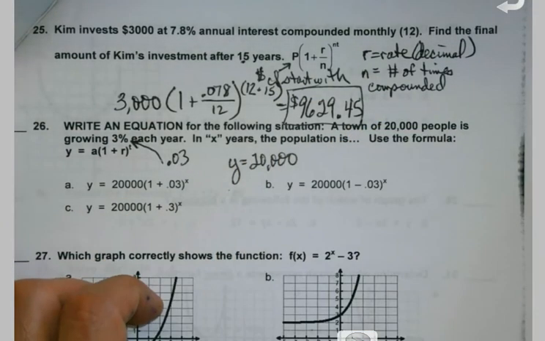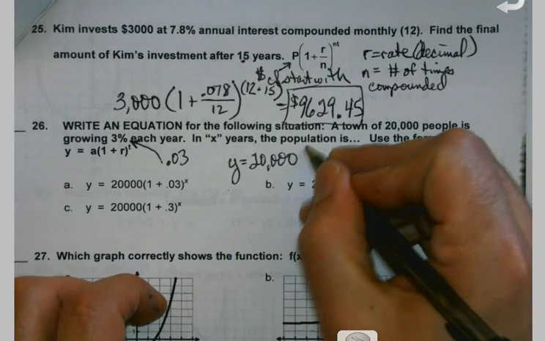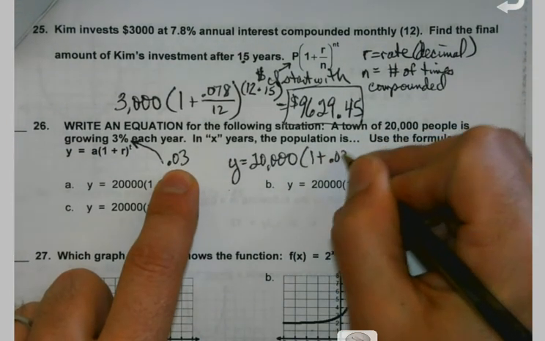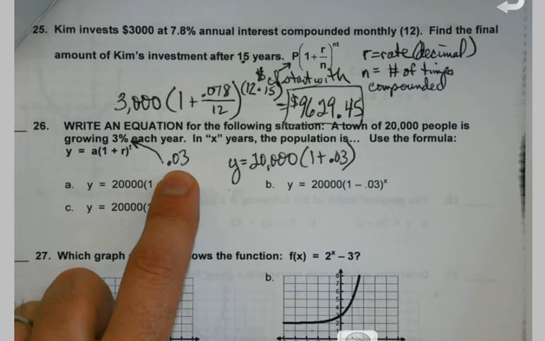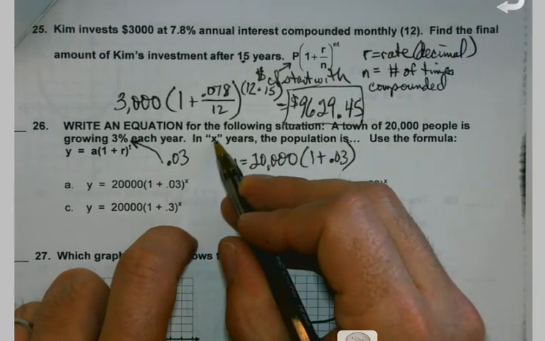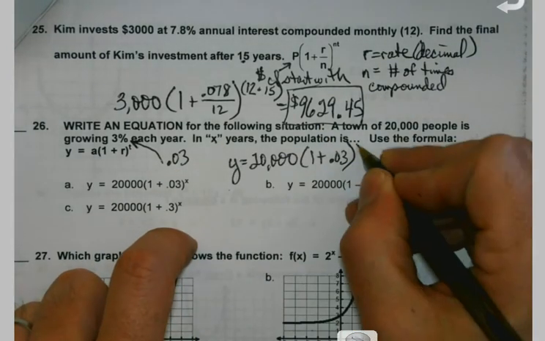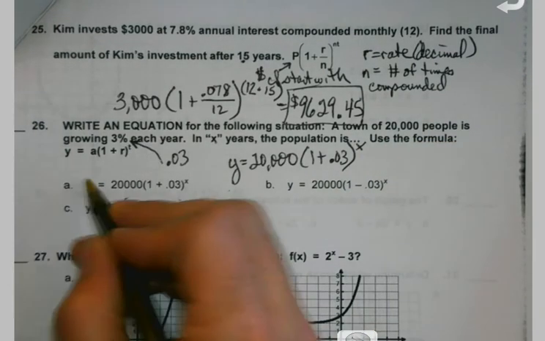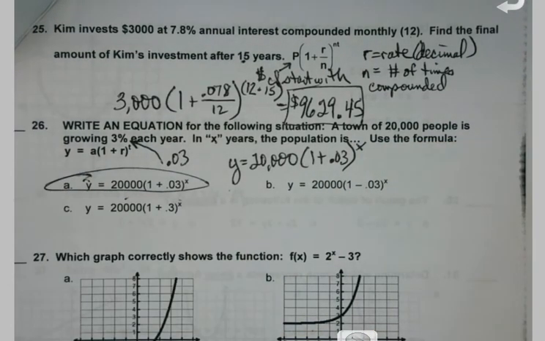So that's my original value. 1 plus, we just got done saying my rate is my percentage as a decimal. And then my time is going to be X years because it's not T. And then I just find the one that has the same answer. And I'm good.